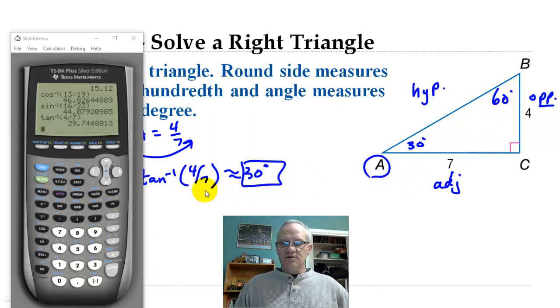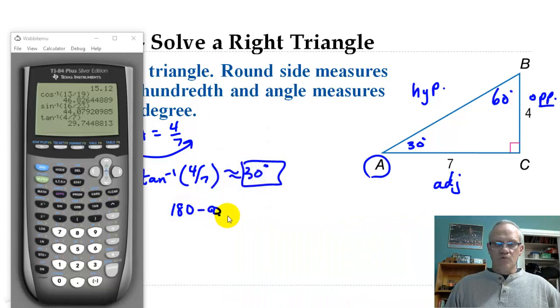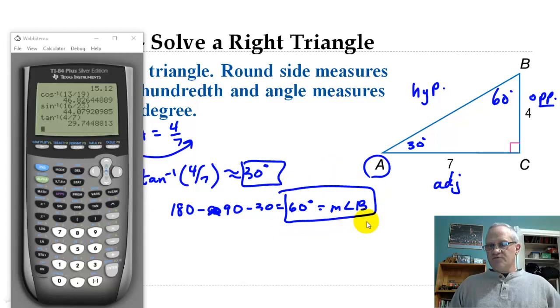So you're just doing 180 minus 90, minus 30, and that gives you 60 degrees, which is the measure of angle B. All right, so we found the two missing angles.